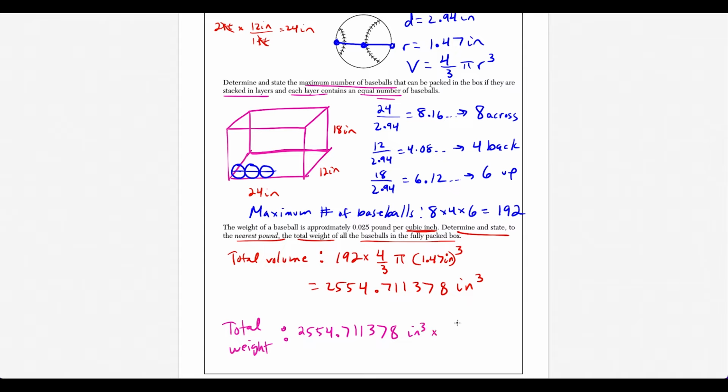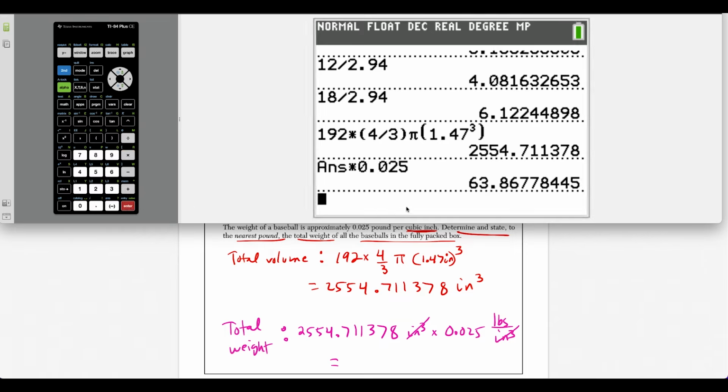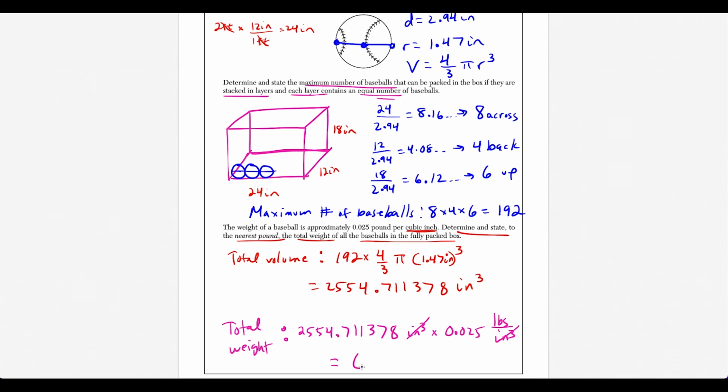If we multiply by 0.025, and the units here for the density is pounds per cubic inch, notice that inches cubed over inches cubed cancels, and this is going to give us the total weight after we multiply these. So now we could just press times 0.025. So the total weight to the nearest pound is 64 pounds. So we round at the very end here, we have 64 pounds. That is the total weight of all of the baseballs.